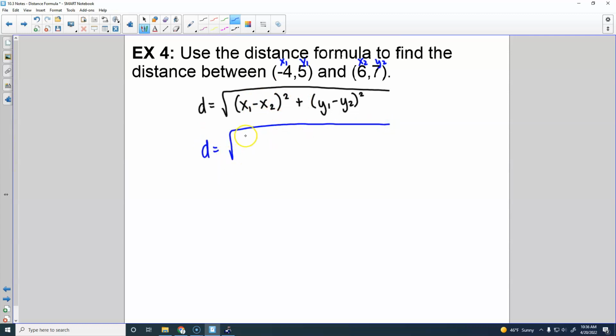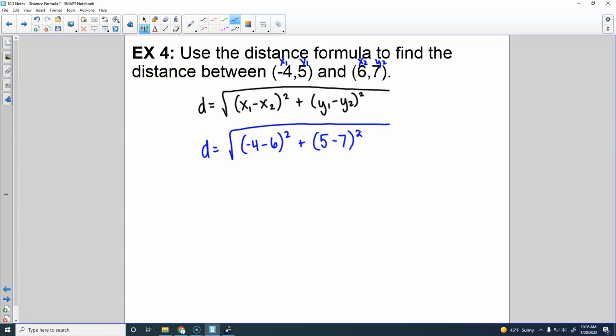So for this problem, my x1 is -4. My x2 is 6. So I've got (-4 minus 6) squared plus my y1 is 5 and my y2 is 7. Now, you can type this whole thing into the calculator at once if you want.